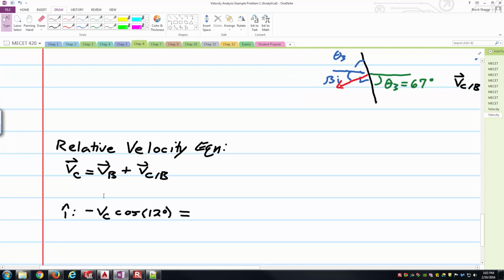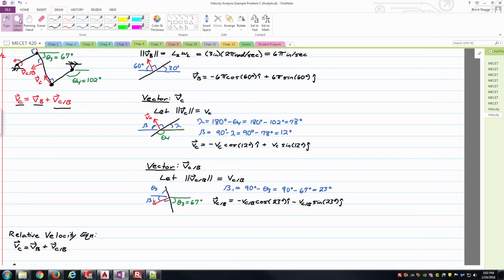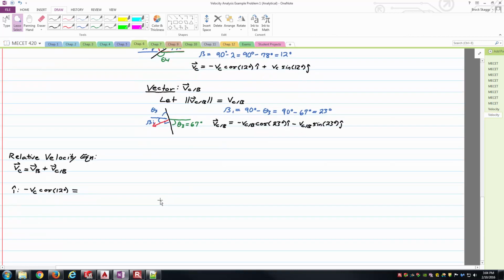This is equal to. Now I need the i component of the velocity of b. That's right up here. And so place this in here. And then I need the i component of the velocity of c relative to b, which is what we wrote right here.